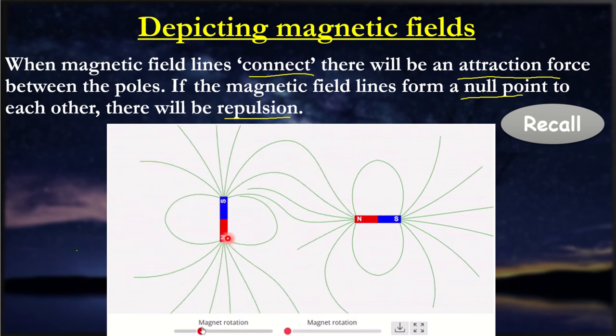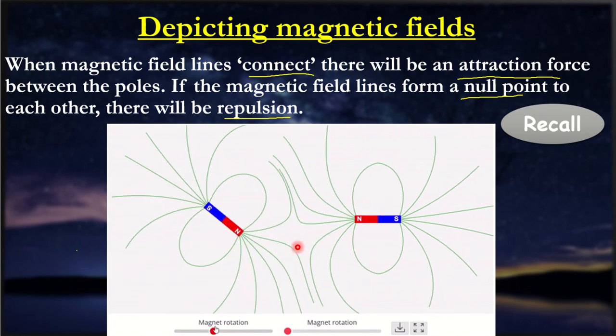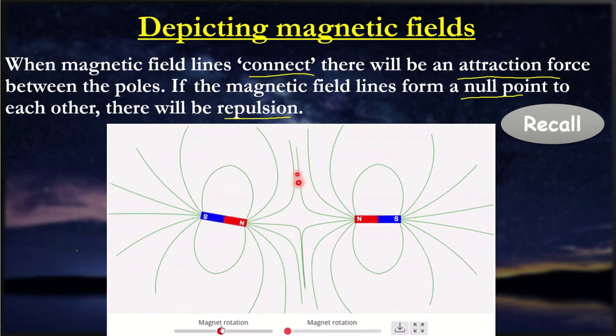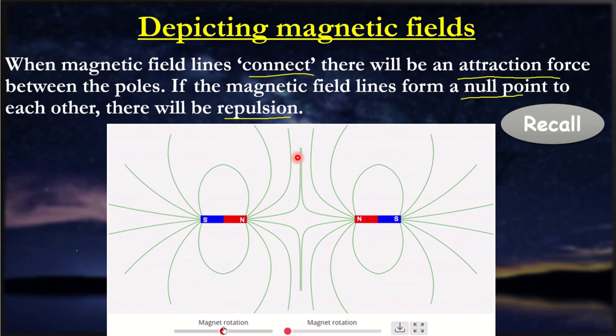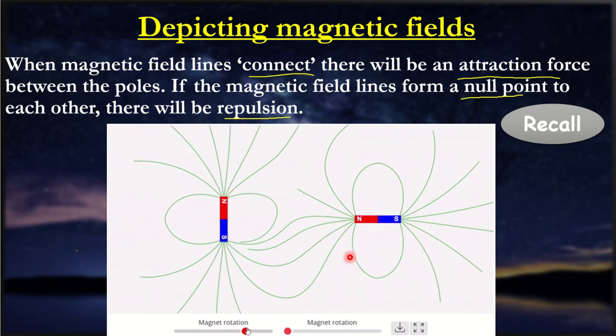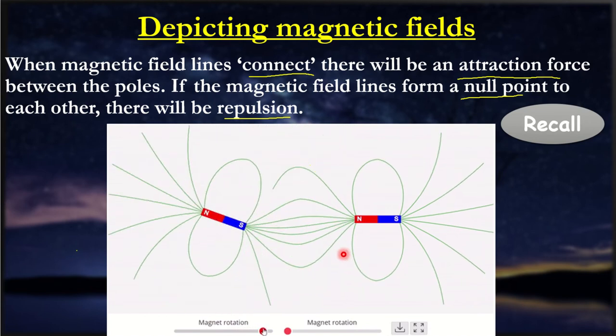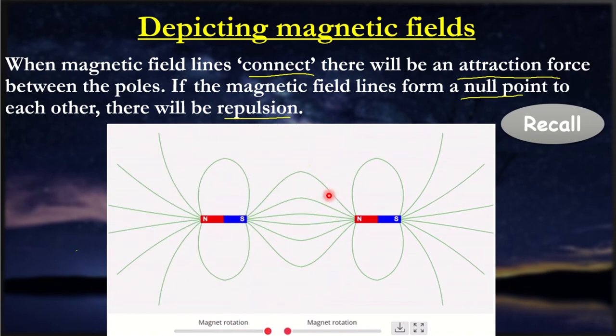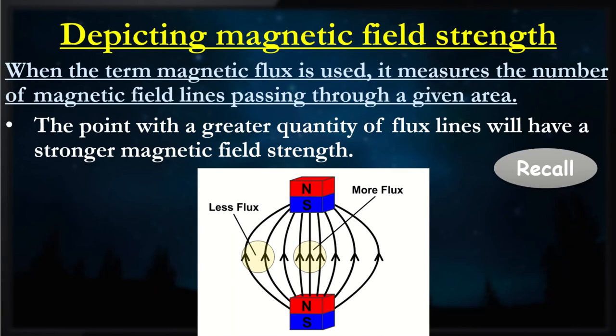And now when north and north become aligned, you can see a nice little isotropic null point forming here, okay? And it doesn't matter how close you pull the magnets together, they will still not be touching. I might make an additional short video on that one.